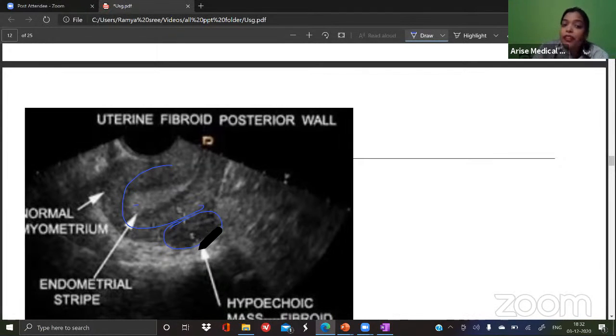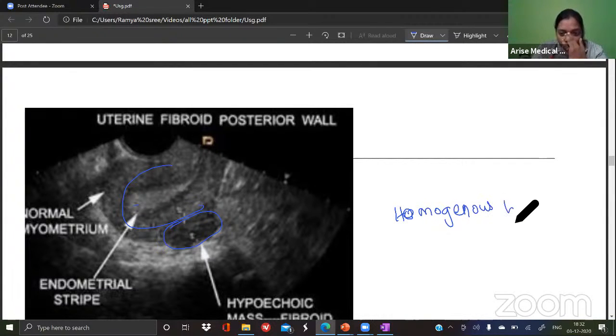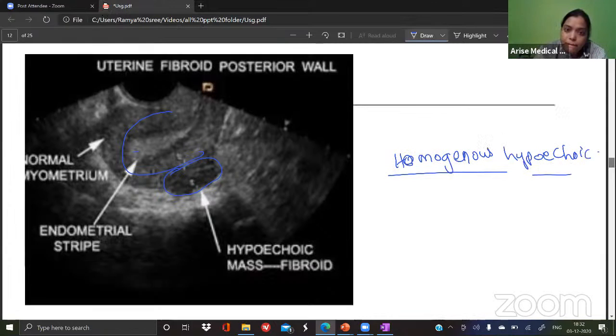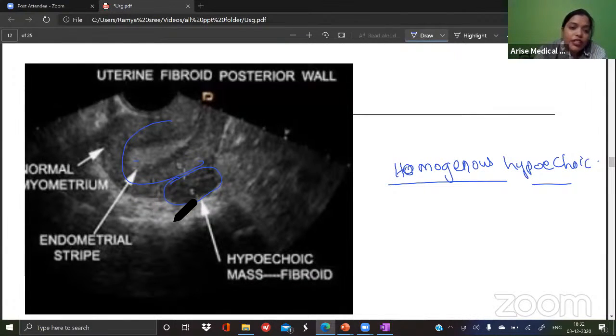Again, how do you describe fibroid? Fibroid is homogeneous hypoechoic. This is a posterior wall fibroid. The main description is that it is a homogeneous and hypoechoic mass.